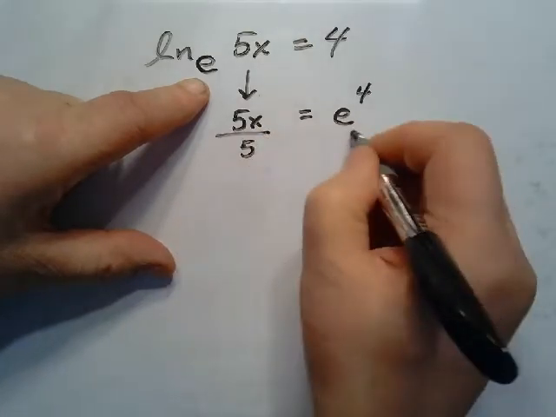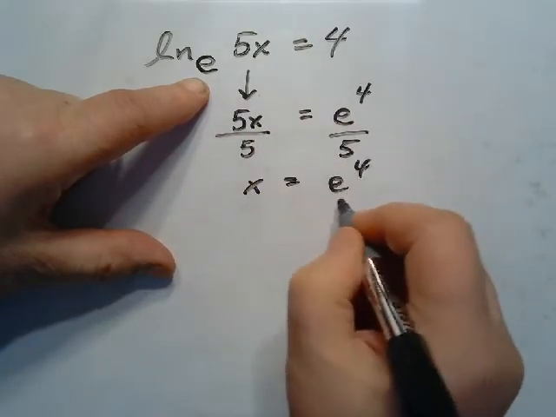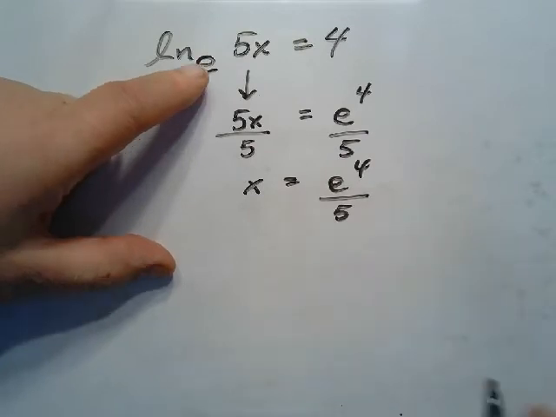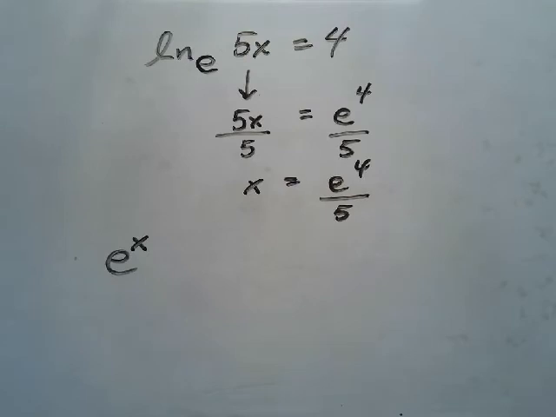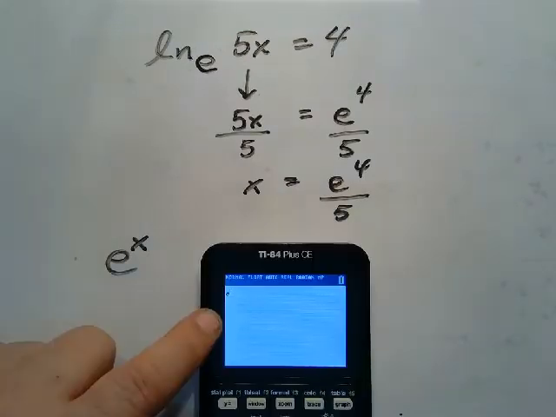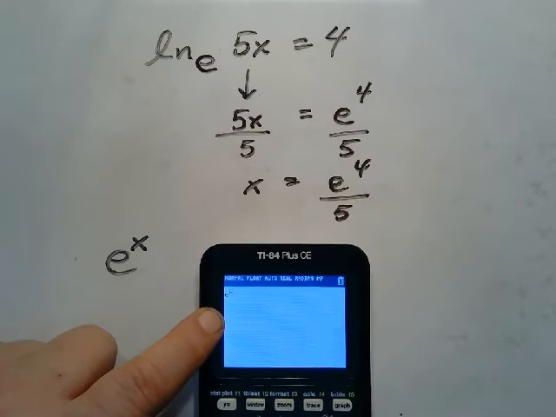All right, then to get x alone, we're going to divide both sides by 5. And here we can use the calculator again. I'm going to use the e to the x key to do this. So let's take a look at that. I've entered the e to the x key, hit second and the ln button. You notice the cursor's blinking up there, and it's allowing me to put in the exponent.